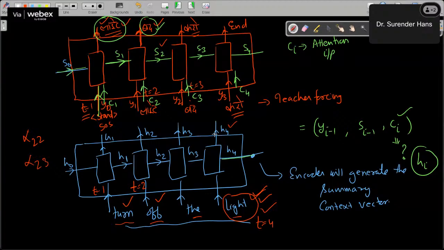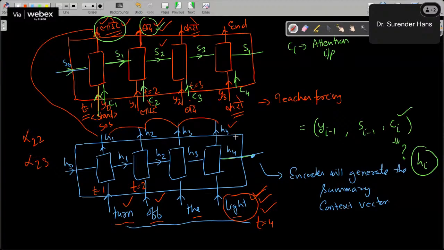So let me repeat, just to print this word, H3 and H4. Clear? So that is a weighted sum.